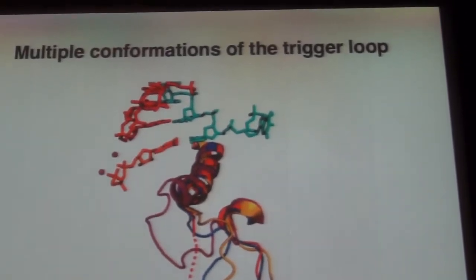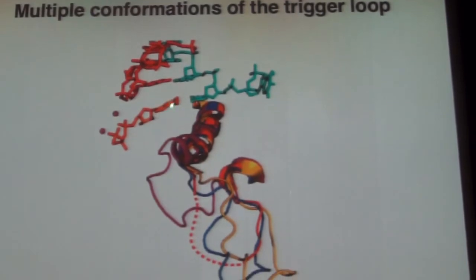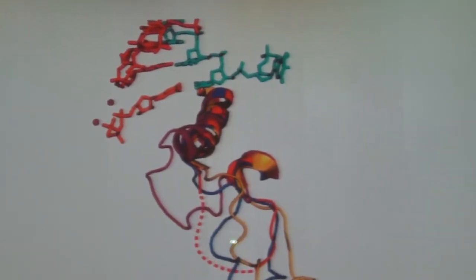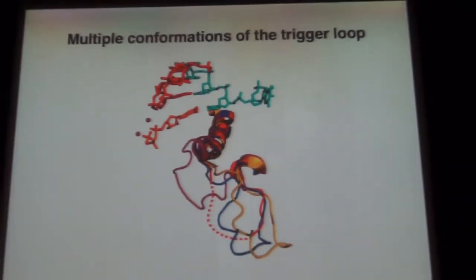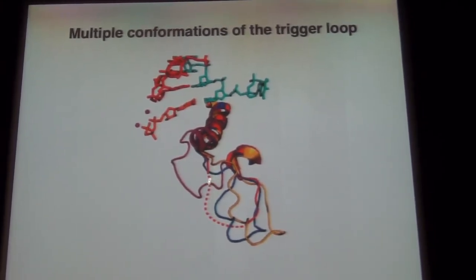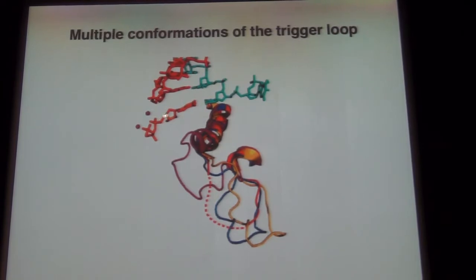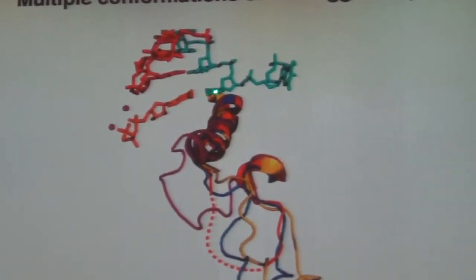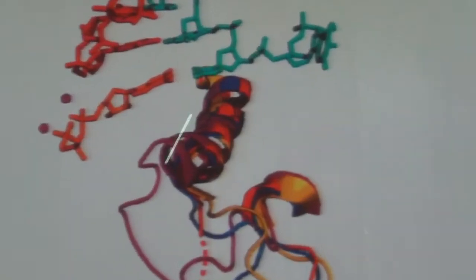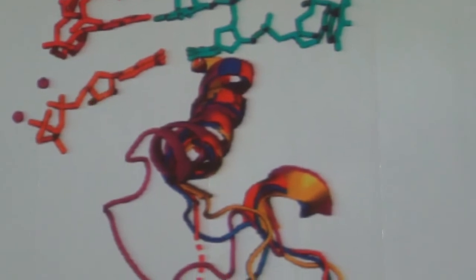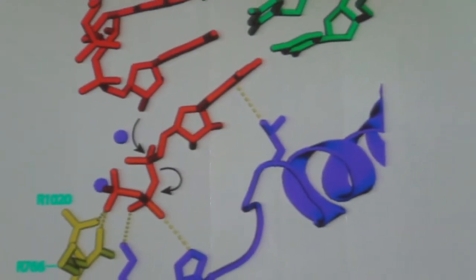In all structures that we determined in the absence of a correctly matched nucleoside triphosphate in the addition site, the trigger loop was far distant from the active center, and in one case even disordered, as indicated by the dashed line. Only in the example with a correctly matched nucleoside paired with the coding base in the DNA was the trigger loop in a position adjacent and able to interact in the manner that is emphasized here.